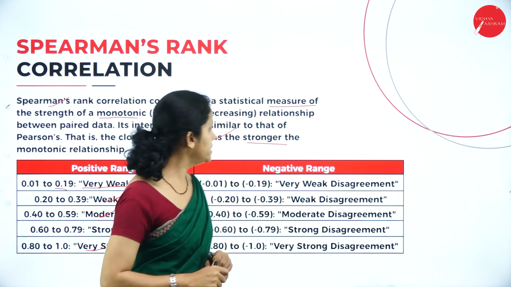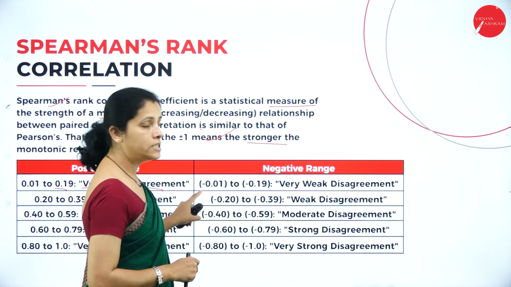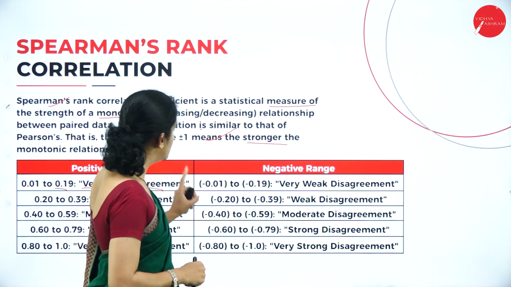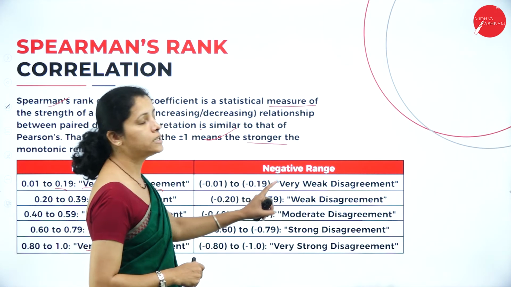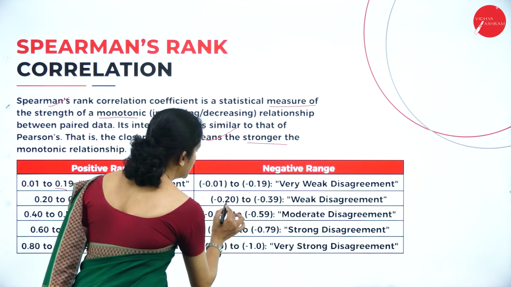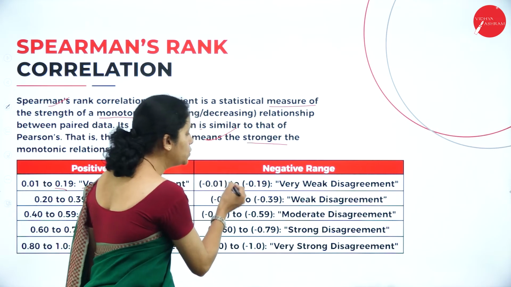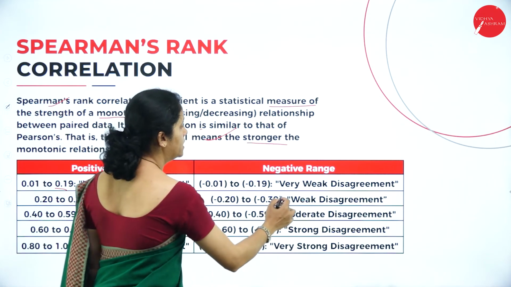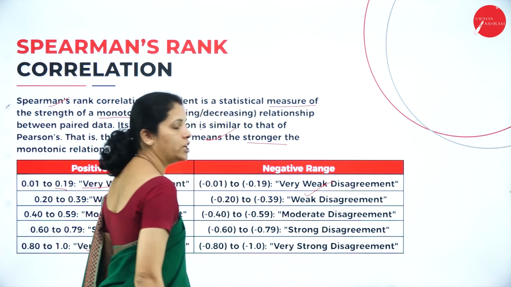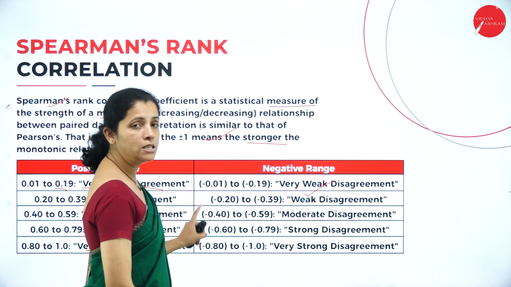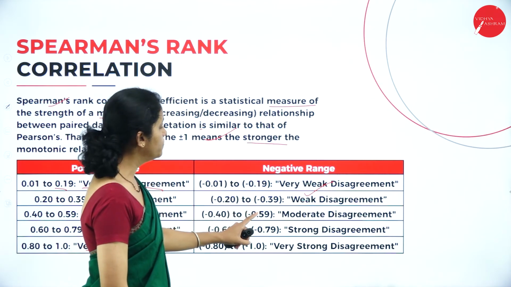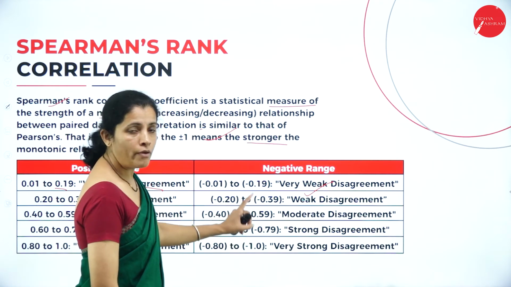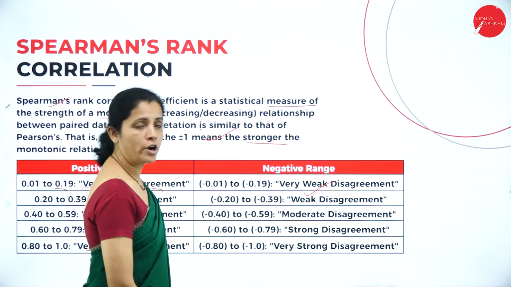If I consider the negative range, see here, it starts from minus 0.01, then it is very weak. If it is minus 0.20 to minus 0.39, then it is weak correlation. If it is minus 0.40 to minus 0.59, then it is moderate.